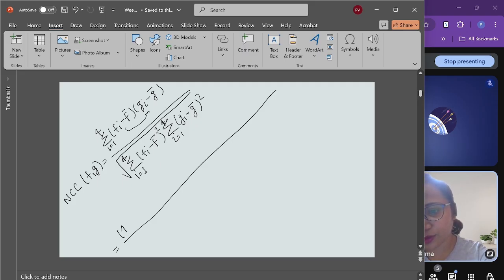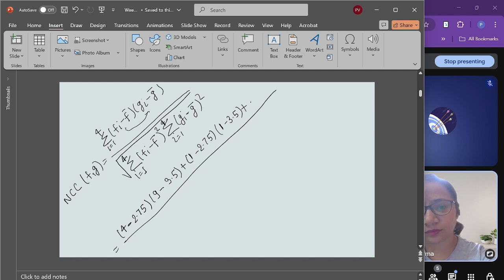So the first value is 4 minus 2.75, and g1 is 9 minus 3.5, right? It is a multiplication of these two, plus, then again i equal to 2, so f2 minus f dash multiplied by g2 minus g dash, right? Plus 1 minus 2.75 and 1 minus 3.5, right?